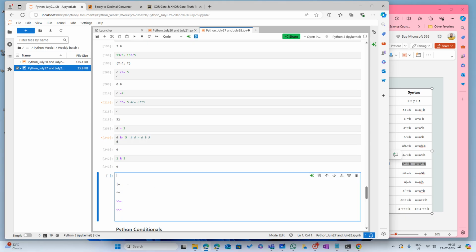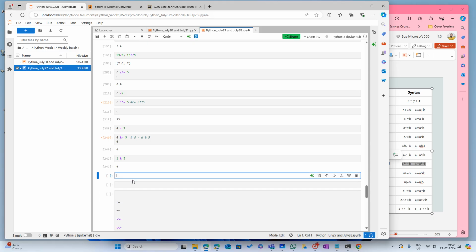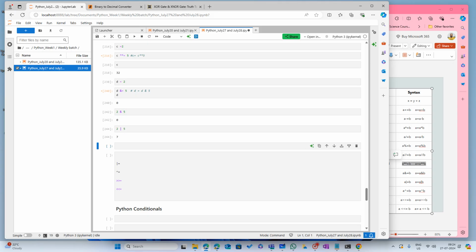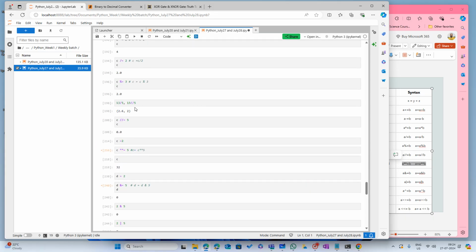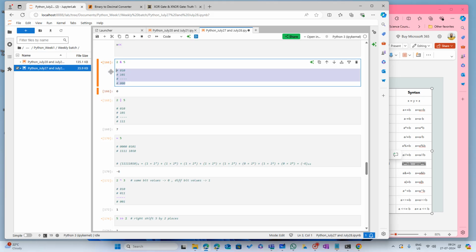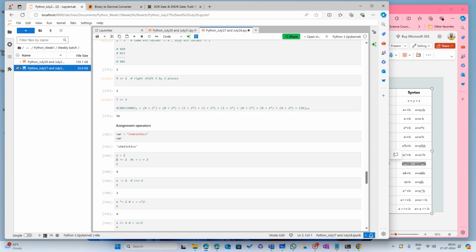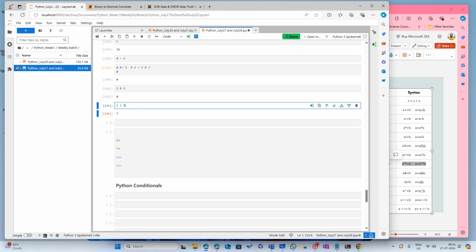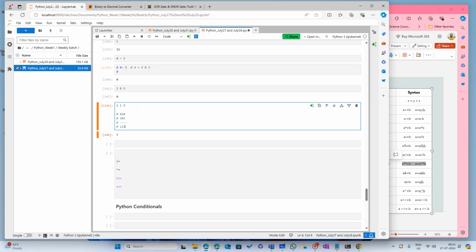Likewise, pipe is also the same thing. Pipe we already saw. If you give 2 pipe 5, you'll get 7. We already saw how the bits are being calculated, somewhere above here. So the same thing is happening here also, but now I'm doing an assignment.